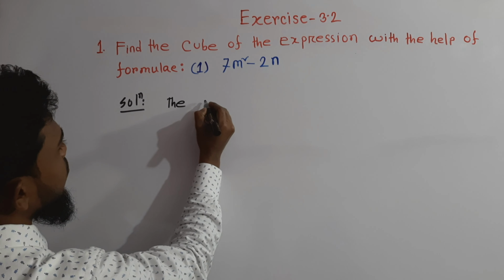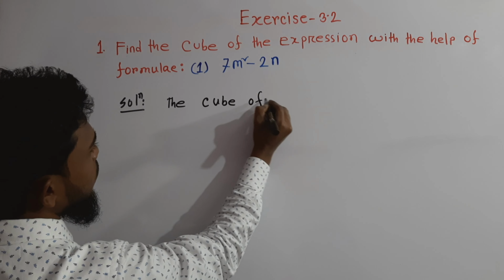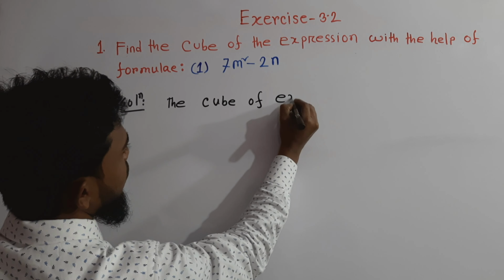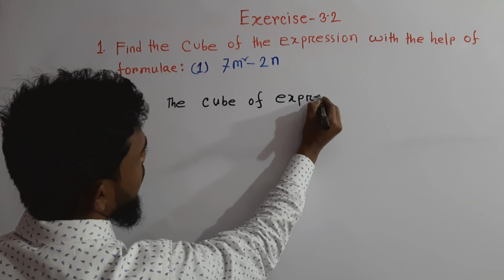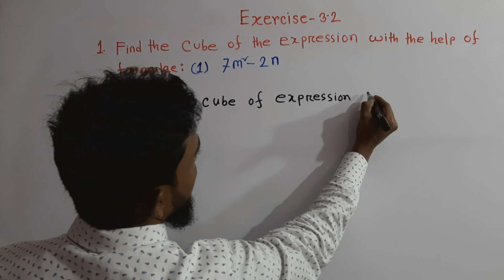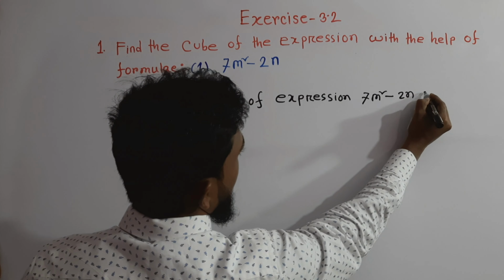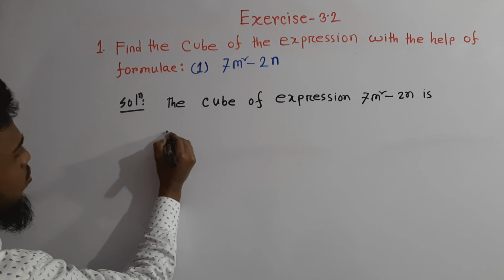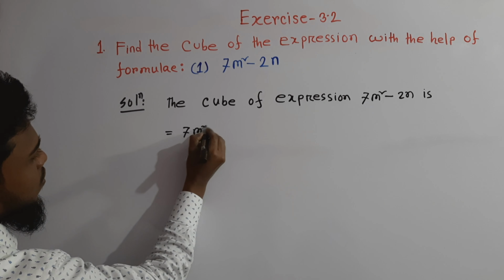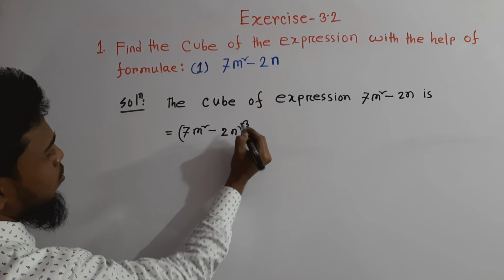The cube of the expression 7m square minus 2n is equal to (7m square minus 2n) whole cube.